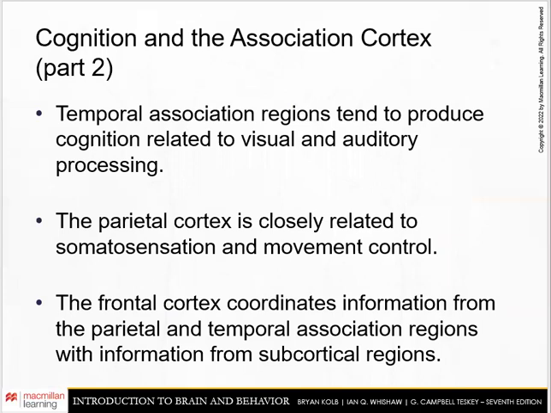There are temporal association regions that tend to produce cognition related to visual and auditory processing. The parietal cortex is closely related to somatosensation and movement control, and the frontal cortex coordinates information from the parietal and temporal association regions with information from some cortical regions.